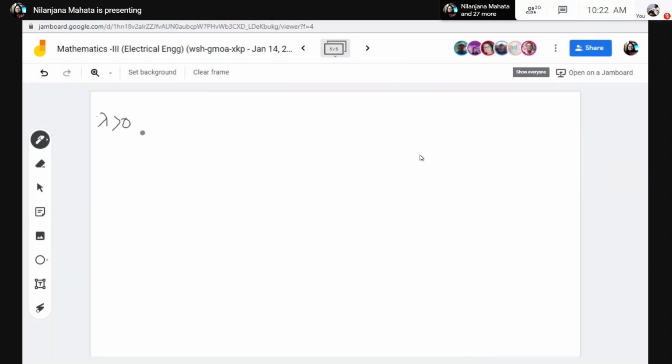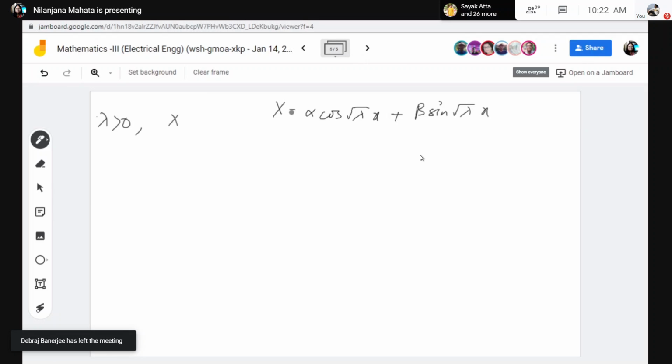Now lambda greater than 0. So that was X is equal to alpha cos root lambda x plus beta sine root lambda x.